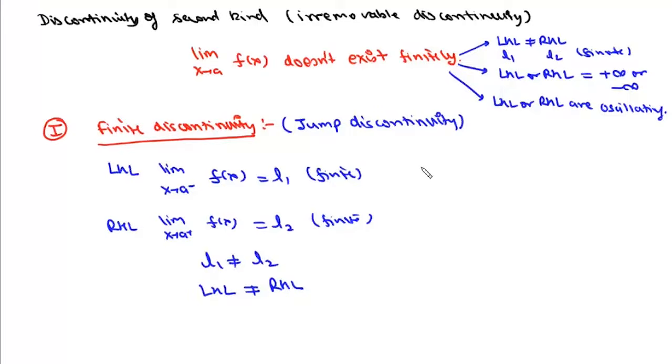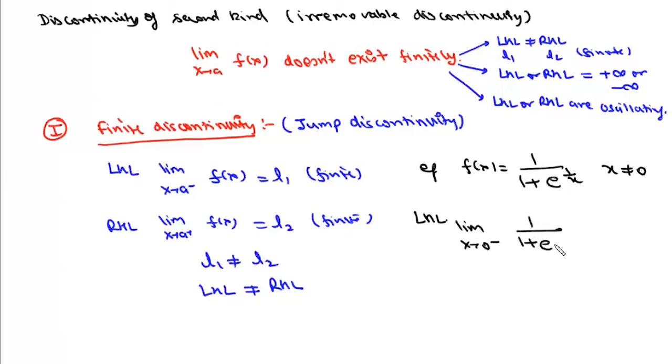Say for example, we have this function fx which is 1 upon 1 plus e to the power 1 by x when x is unequal to 0. Now in this case, if you look at its left hand limit, it will be limit x tends to 0 negative of 1 upon 1 plus e to the power 1 by x.